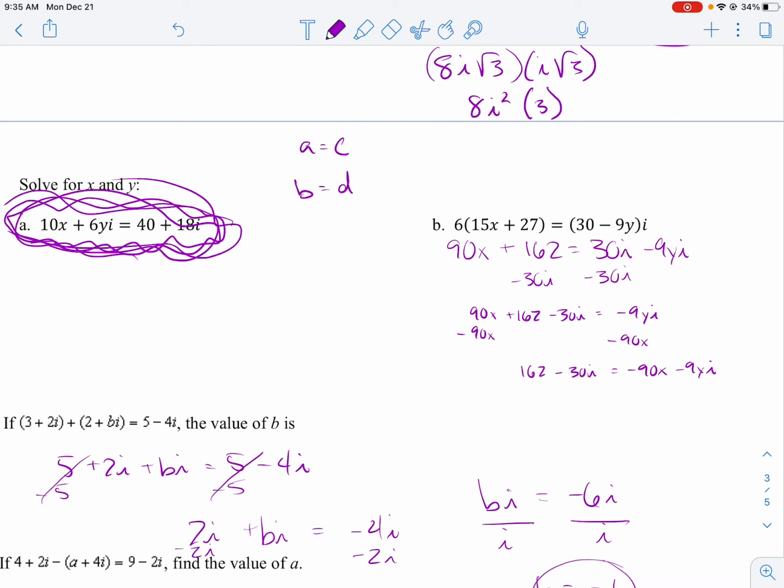Right? So in this case, our A is what comes out in front. So 162 is equal to negative 90x. And the other guy is just going to be negative 30i is equal to a negative 9yi. Okay? And by doing that, now we figure out what value makes this statement true. So I divide 162 by negative 90.